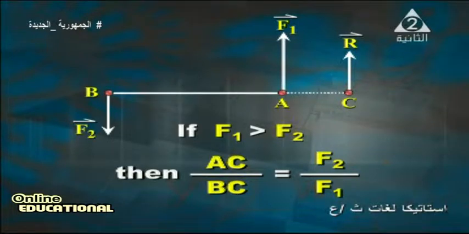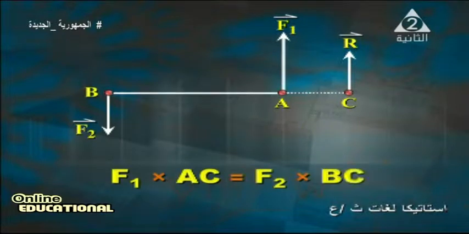Remember, my dear student, by using cross multiplication, we deduce F1 times AC equals F2 times BC.